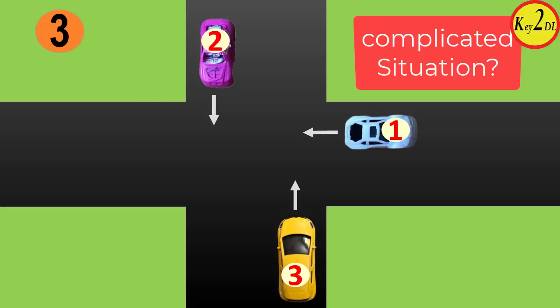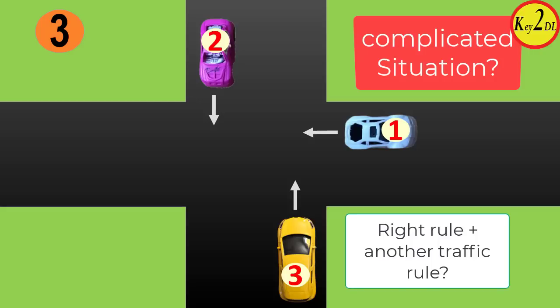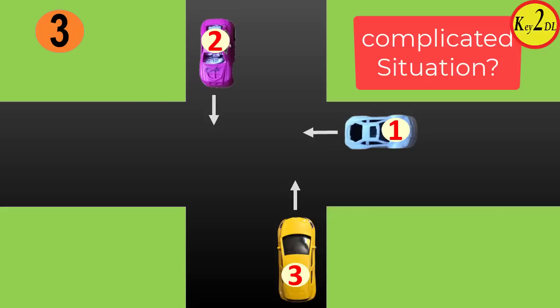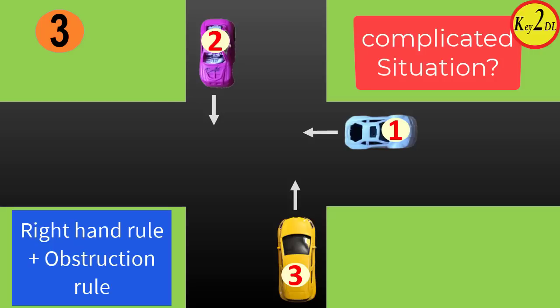Many people make mistakes in this type of situation, because here not only one rule applies but many different rules apply. There is another important rule that applies in this scenario, and that is called the obstruction rule.